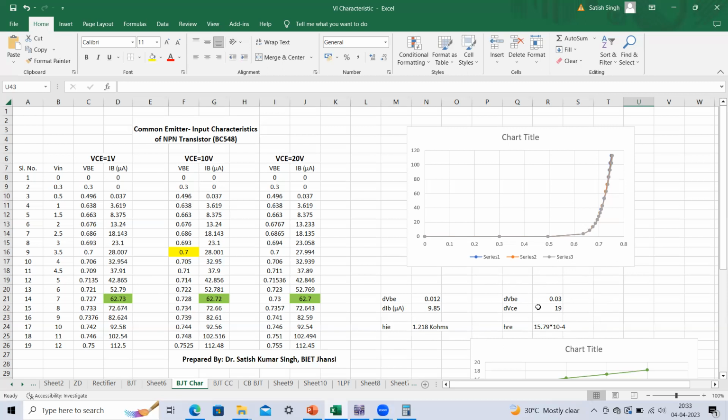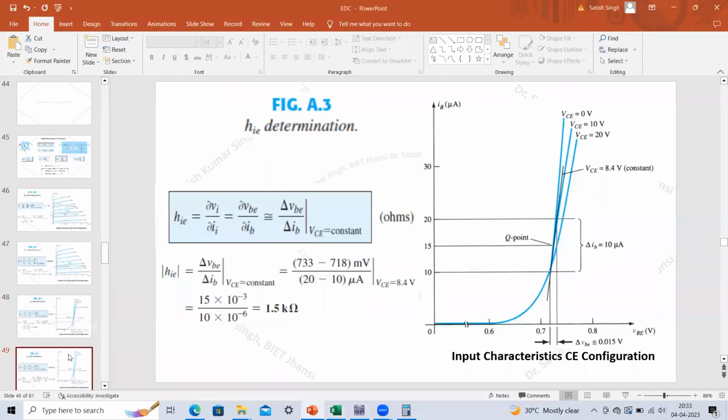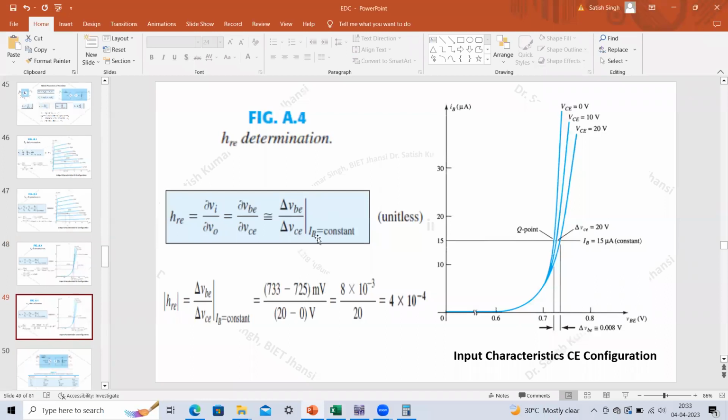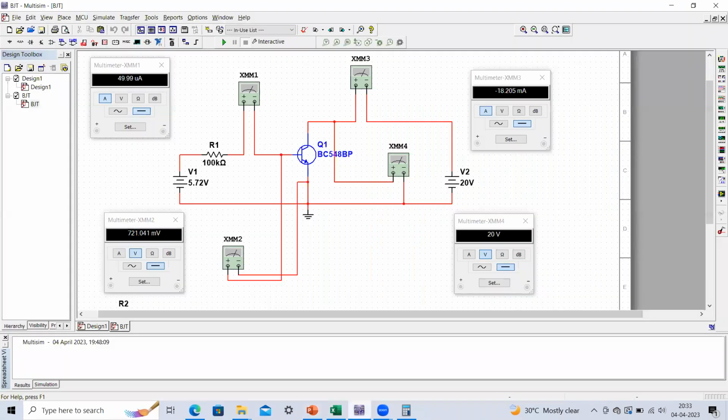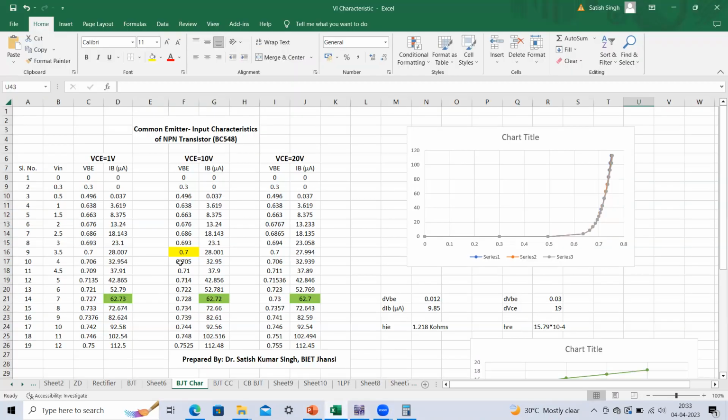Similarly, you can calculate this HRE. While calculating this HRE, we have to keep this particular parameter constant. This IB should be constant, right? If you want to keep IB constant, here you can see I have taken IB as 62.73, 62.72, 62.7.